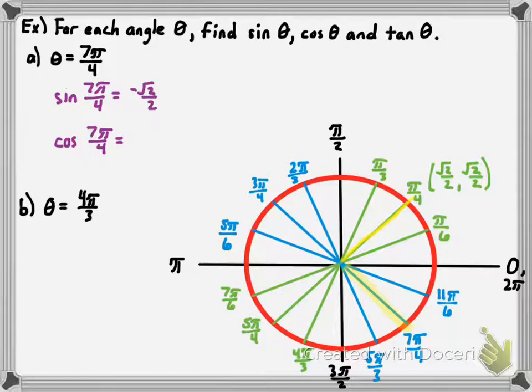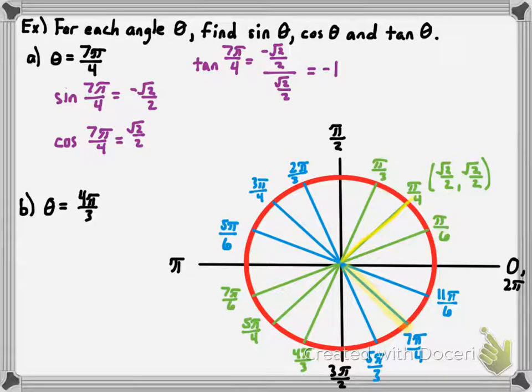The cosine of 7 pi over 4 would still be positive square root of 2 over 2. And then the tangent of 7 pi over 4 would be the sine of 7 pi over 4 divided by the cosine of 7 pi over 4. Now that's just a number divided by its opposite, which is going to give you -1.